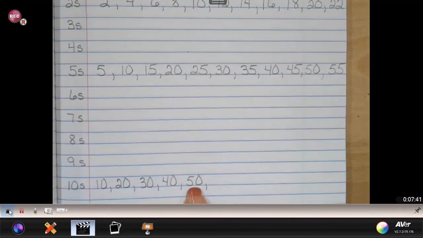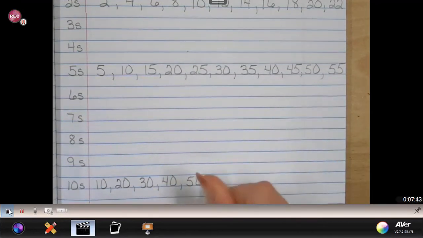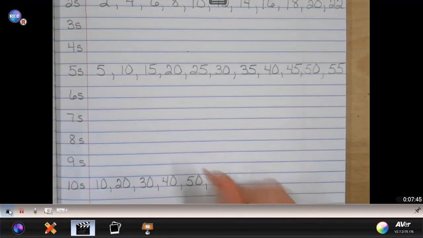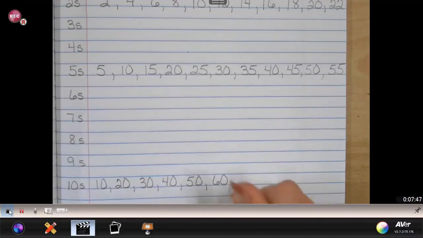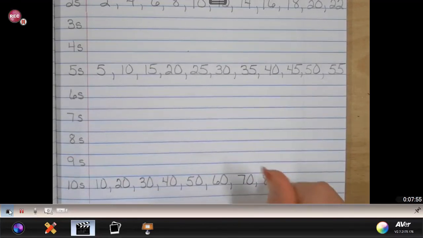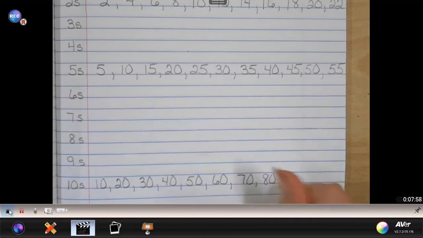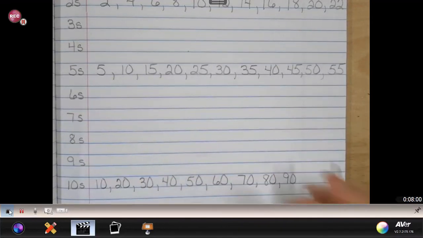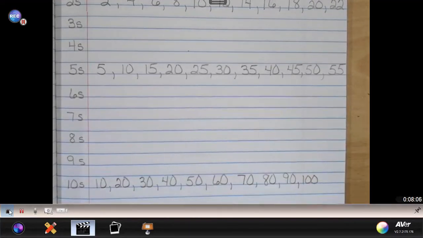So this is 5 groups of 10. I add on another 10. Now I'm at 6 groups of 10, which is 60. 7 groups of 10 is 70. 8 groups of 10 is going to be 80. 9 groups of 10, or 9 times 10, is going to be 90. 10 groups of 10, we know is 100.